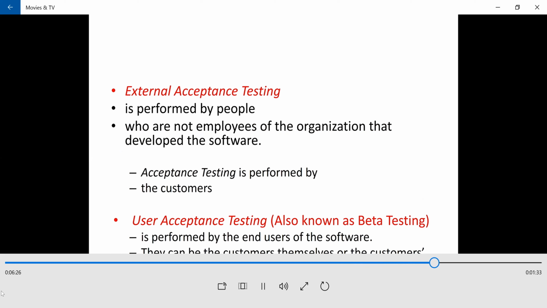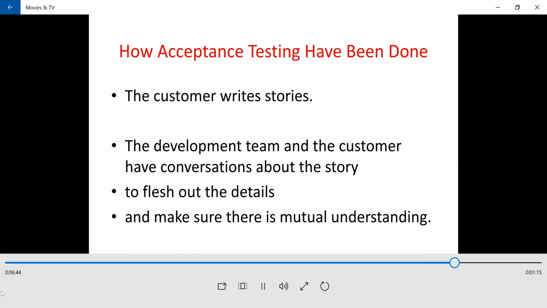It is performed by the end users of the software, and they can be the customers themselves or the customer's customers.